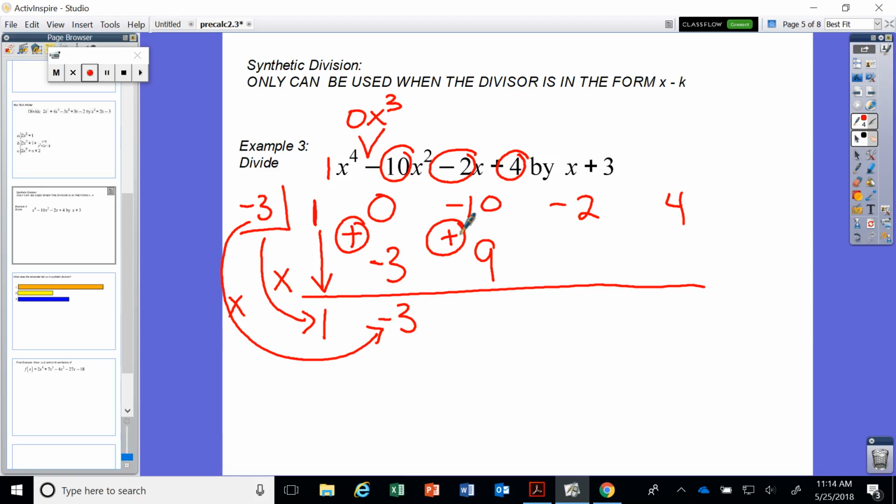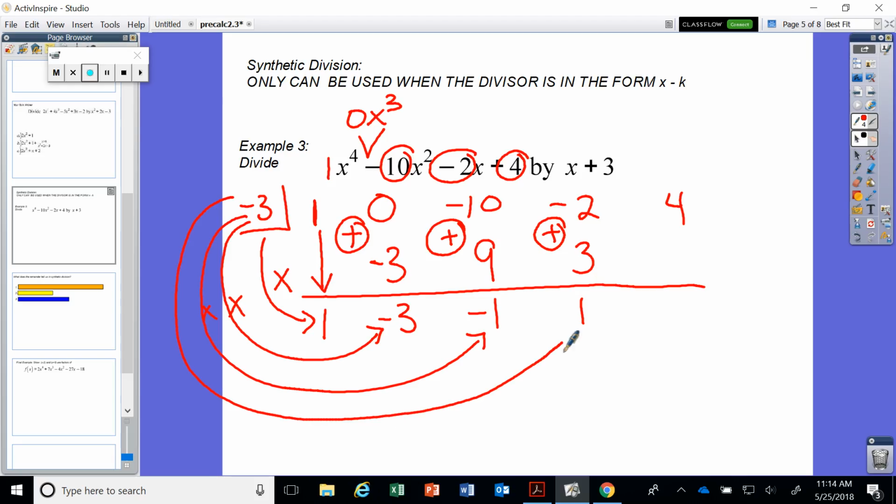Add the two terms. Negative 10 plus positive 9 is negative 1. Keep following the pattern. Now multiply negative 3 times negative 1, positive 3. Repeat the process. Add negative 2 plus 3, which is 1. Once again, repeat the process. Multiply in here.